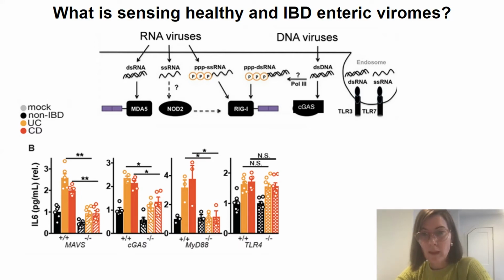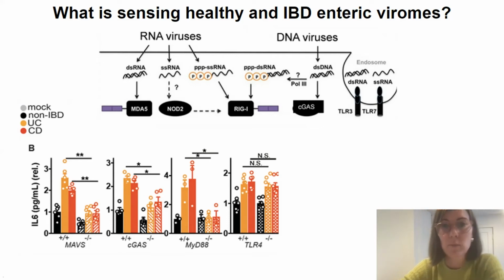We just wanted to know what the viral moieties were that were detected by the host immune system. The first thing was that we knew these responses we saw in macrophages were dependent on innate immune sensing, because if we took knockout cells for MAVS, which is the downstream adapter for MDA5 or RIG-I, we had a reduced response. If we knocked out cGAS, we saw a reduced response. If we knocked out MyD88 downstream of toll-like receptors, we lost the response. But again, this response was intact in toll-like receptor 4 deficient cells.